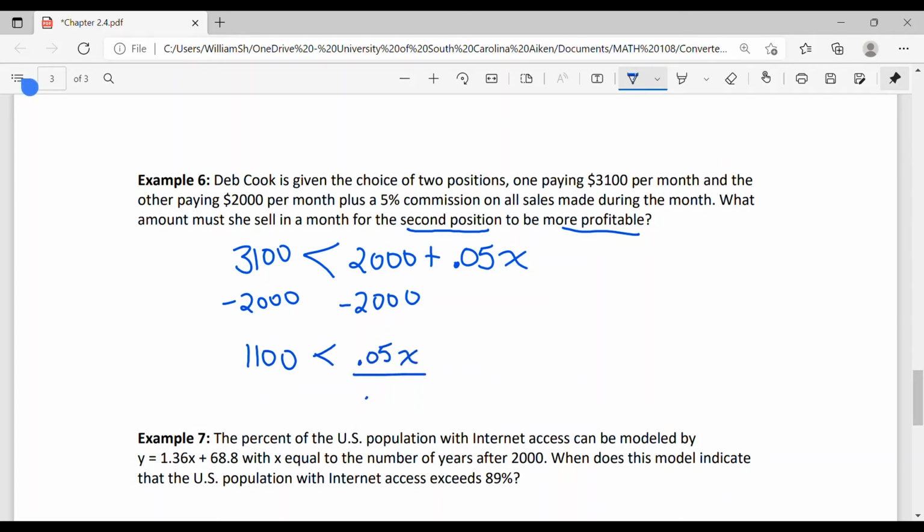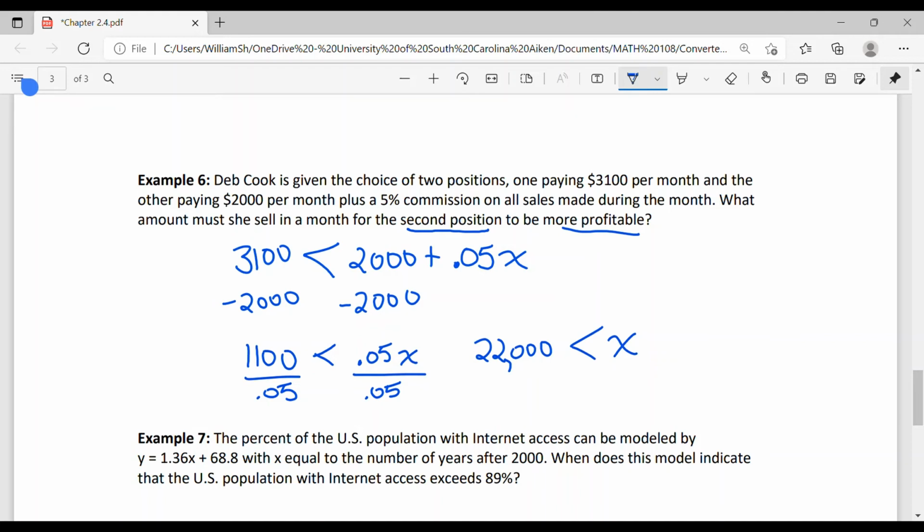Now, to get x by itself, I'm going to divide by 0.05, and that's going to give me that x needs to be greater than 22,000. So in order for that second position to be more profitable, she needs to make, not even at least, she needs to make more than $22,000 in sales.